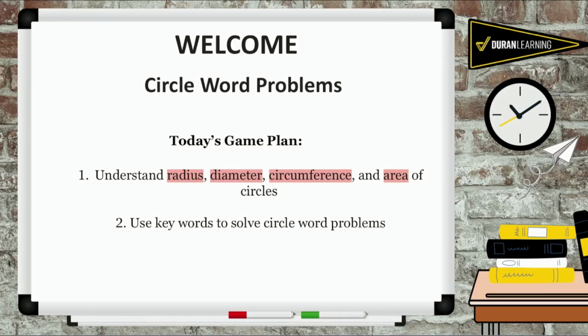Once we get through the formula part, then we're going to understand those keywords and where to look in terms of turning the English into math. So, with that, let's get started right away, my party people, so that we have a lot of time for the word problem practice today.